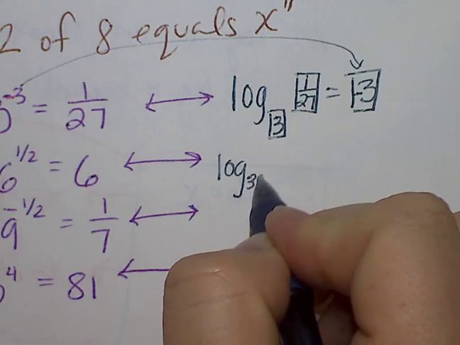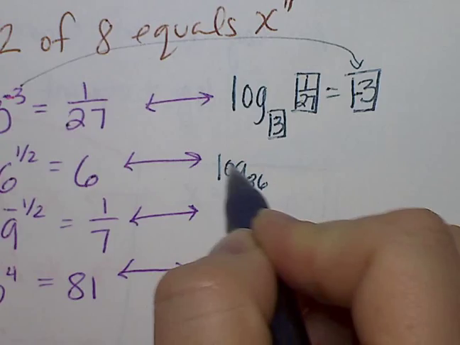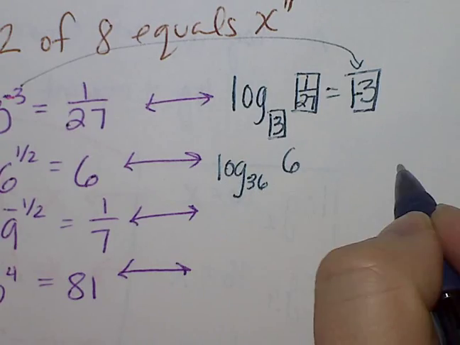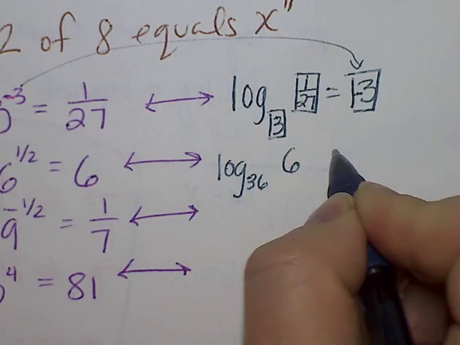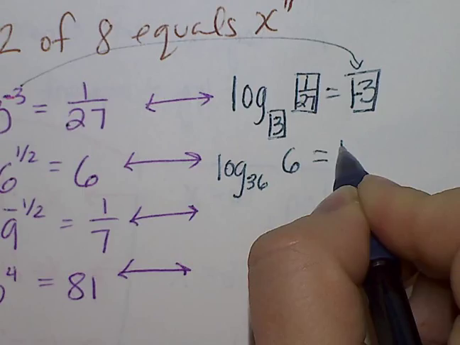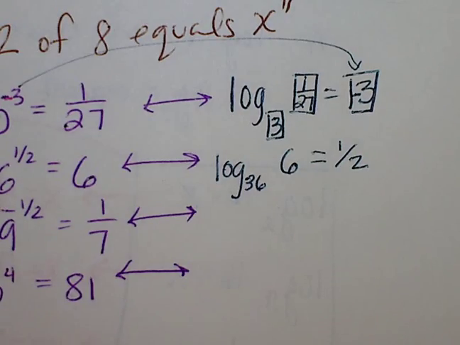Yeah, you got it. So log base 36 of 6, keep going, yep, equals 1/2. Log base 36 of 6 equals 1/2.